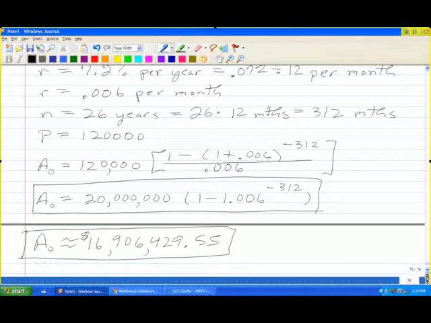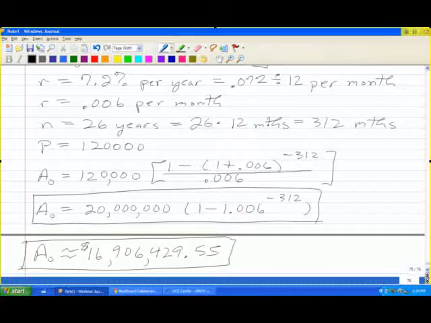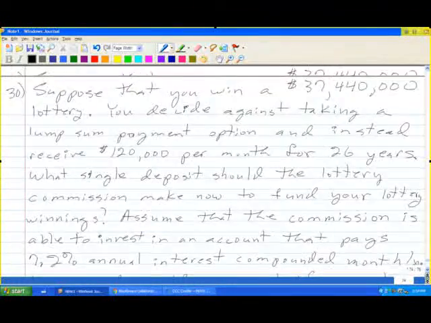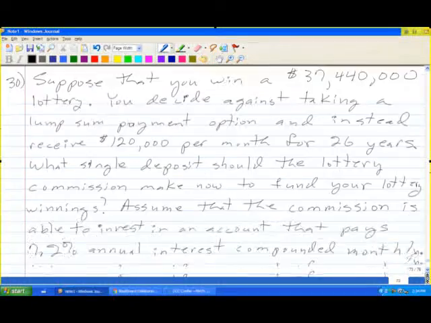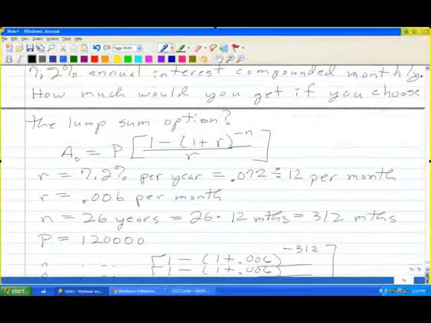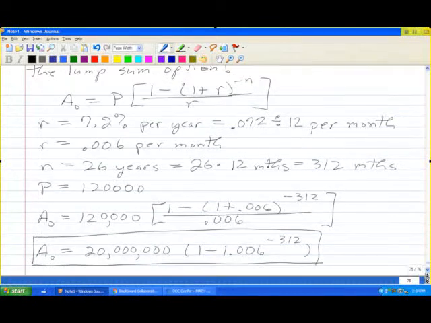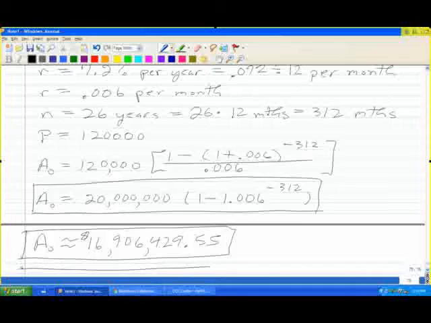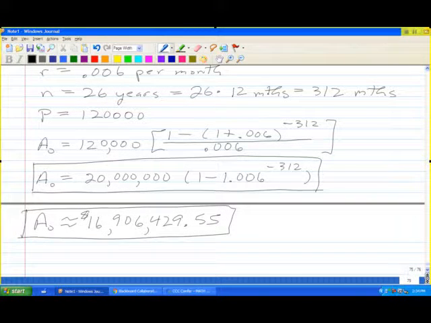They need to put in nearly $17 million in order to get at the end this $37 million. And so, a little over $37,440,000. And so if you chose the lump sum option, they would give you this 17 million instead.